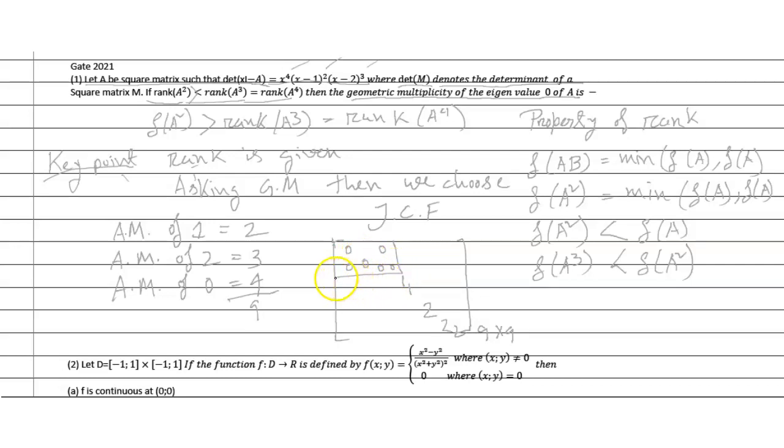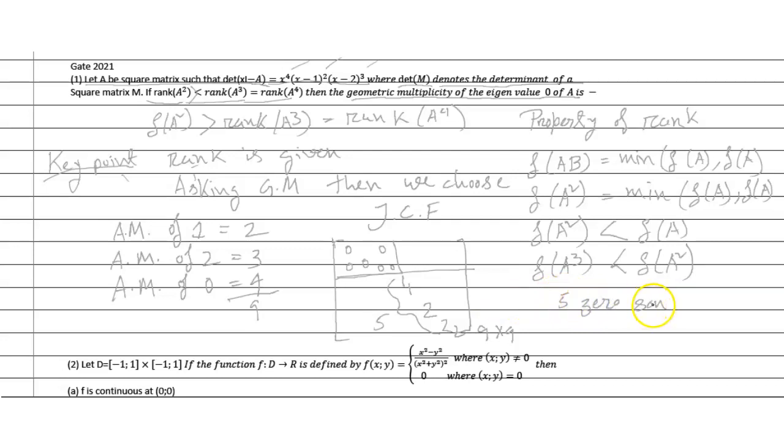I just remove this other part, because for this part my rank is 5, 2 plus 3. My rank is 5 already because I have 5 non-zero eigenvalues.